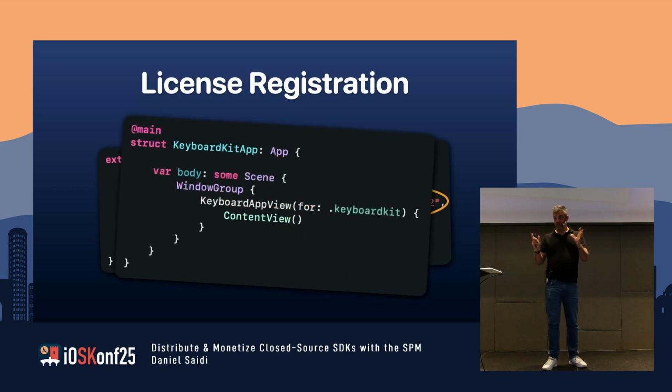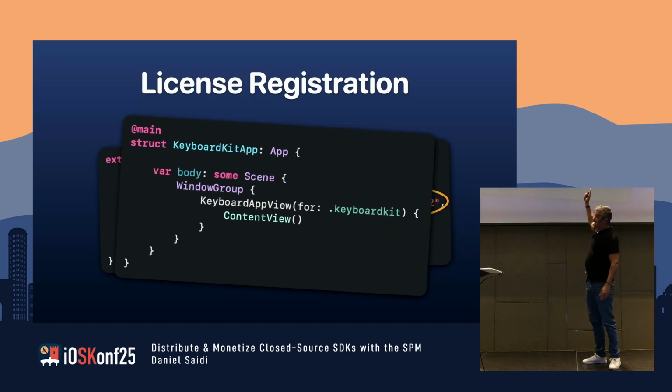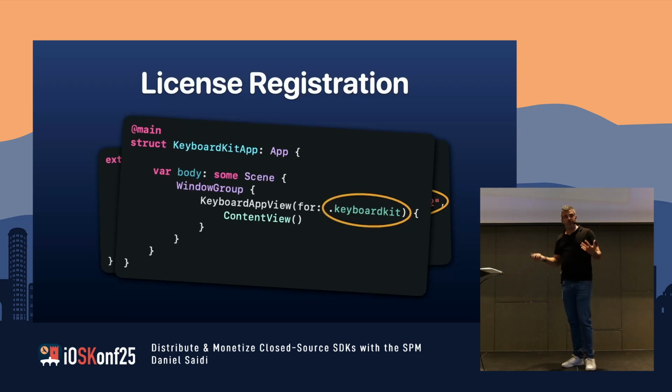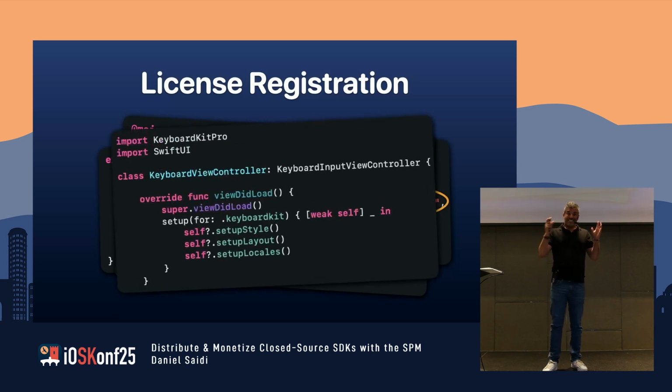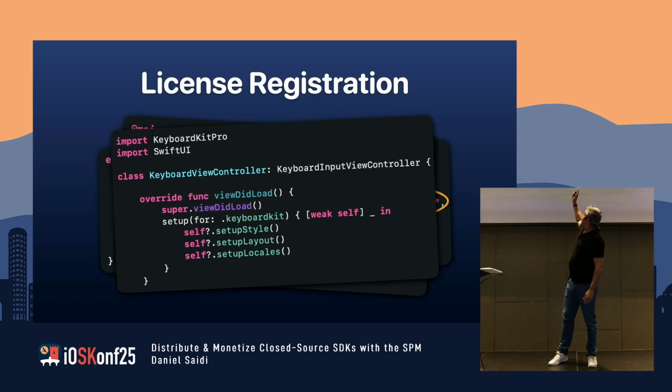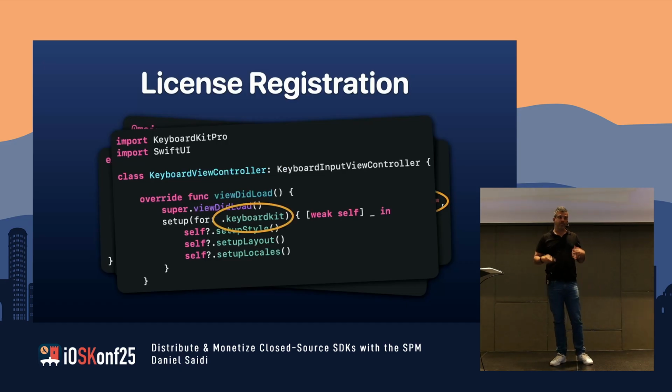Then in the main application, which is SwiftUI, I have this root file that takes this configuration object. So they can just pass it in there. The view is going to perform this asynchronous license validation and unlock the SDK. Inside the keyboard extension, we're still in UIKit land. So that is a controller, so I need to have a different option for that. But the basic validation is correct.